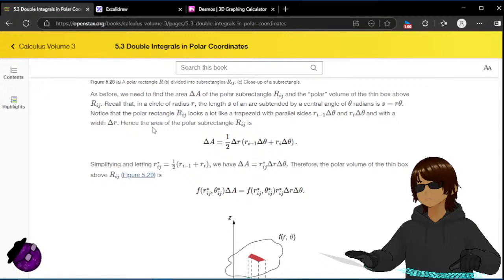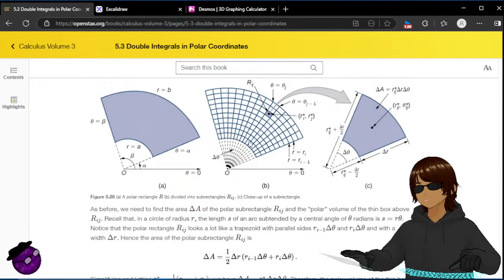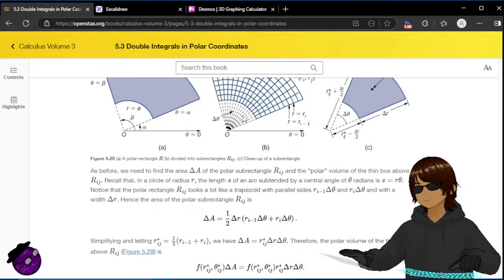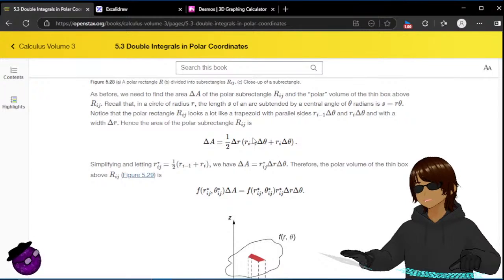Hence the area of the polar subrectangle Rij is half delta r times r delta theta plus ri delta theta.